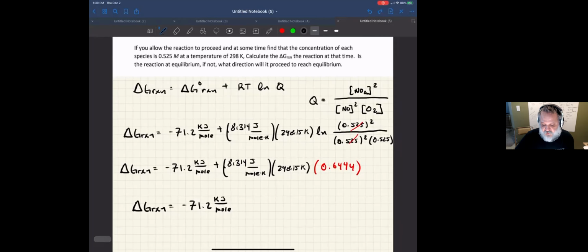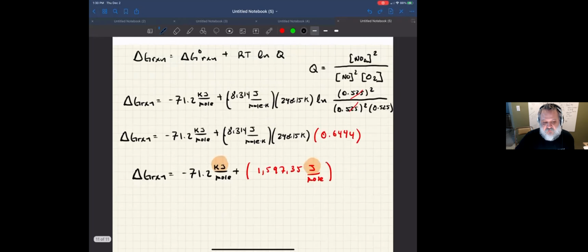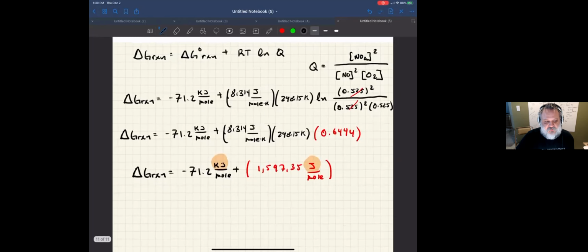I'm going to do this multiplication. So I get 8.314 times 298.15 times 0.6444, and I get 1,597.35 joules per mole. Now, I want to point out something. This is in joules. That's in kilojoules. We need to have them in the same units to do the addition.